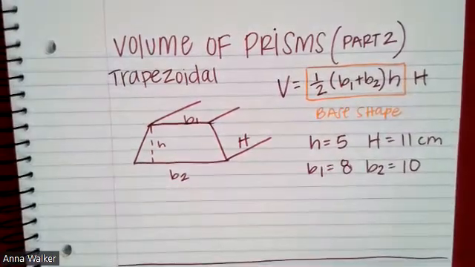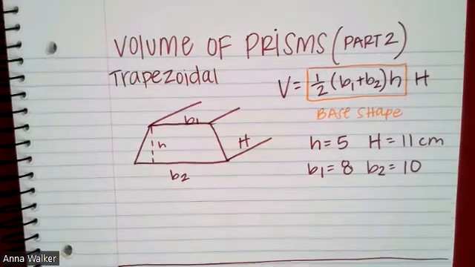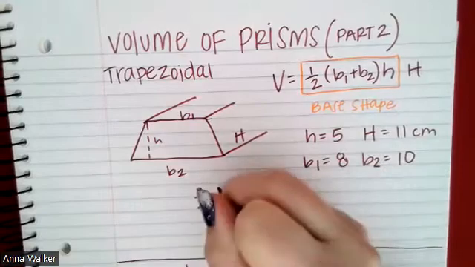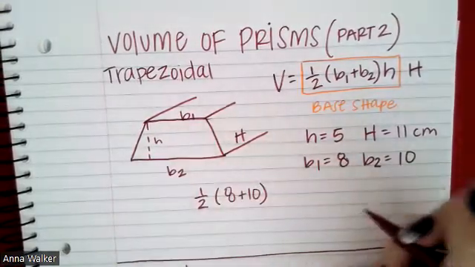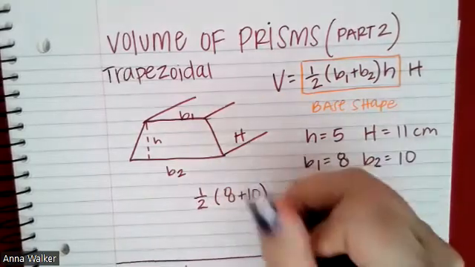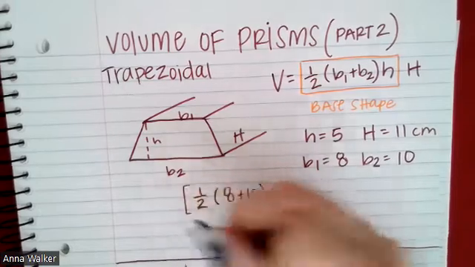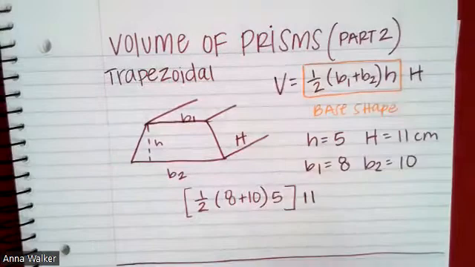So now that we have the 4 dimensions that we need, if I wanted to find the volume of this prism, I am going to do 1/2 my base 1 plus base 2. So that's 8 plus 10 times the height of my trapezoid, the lowercase h, 5. I'm going to put that in brackets, and then I'm going to multiply all of that times the big height of the prism, which is 11.